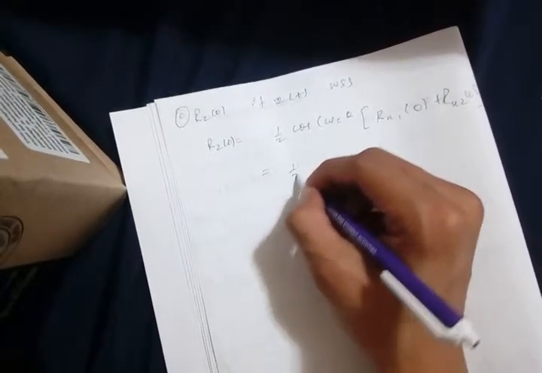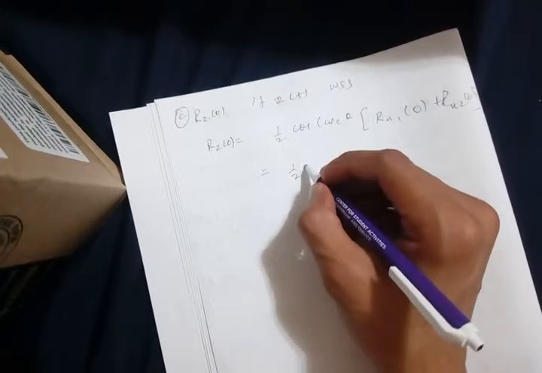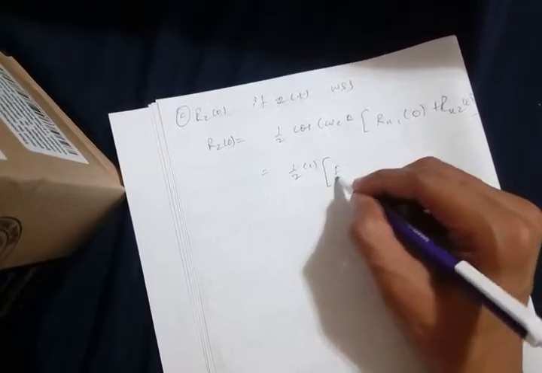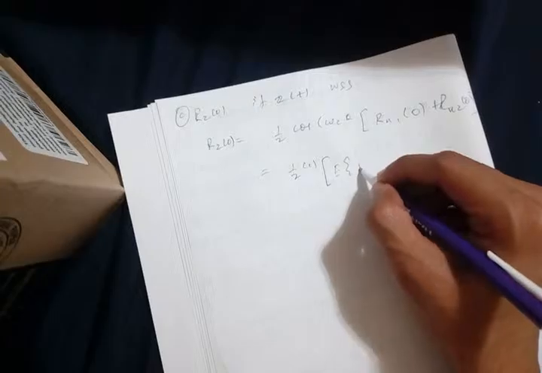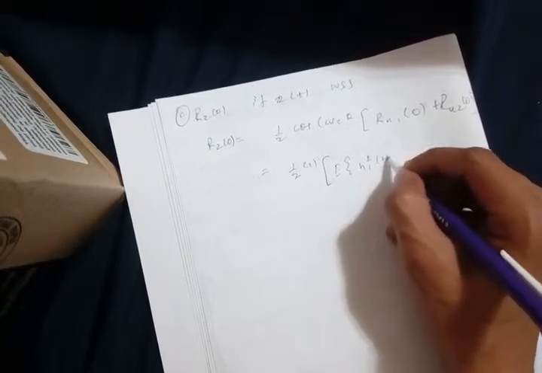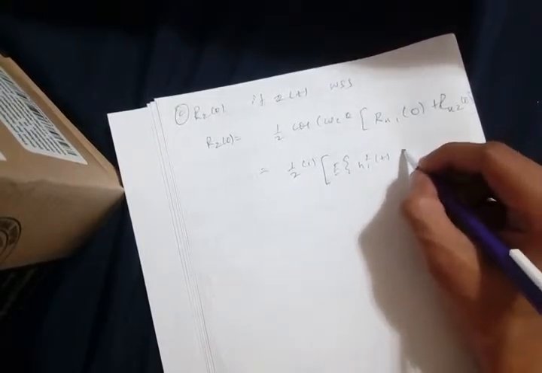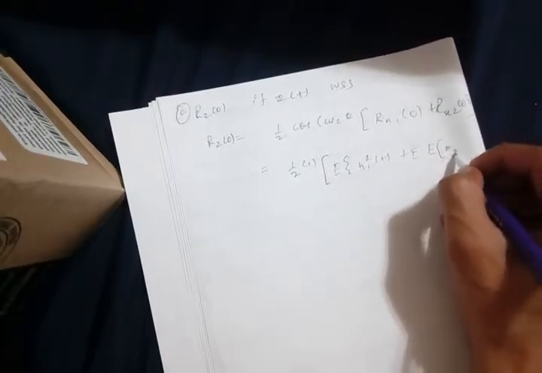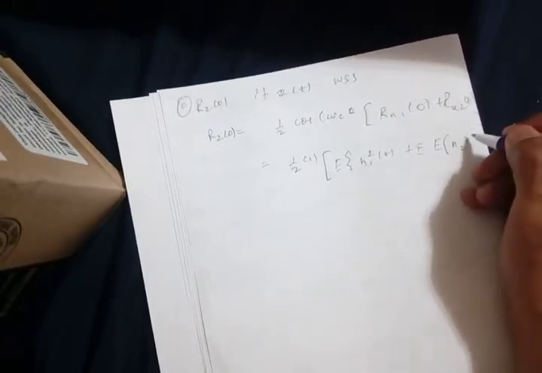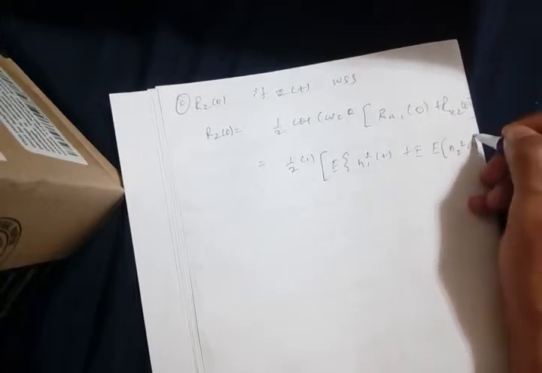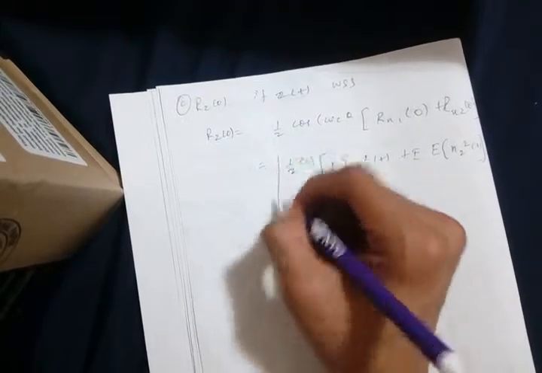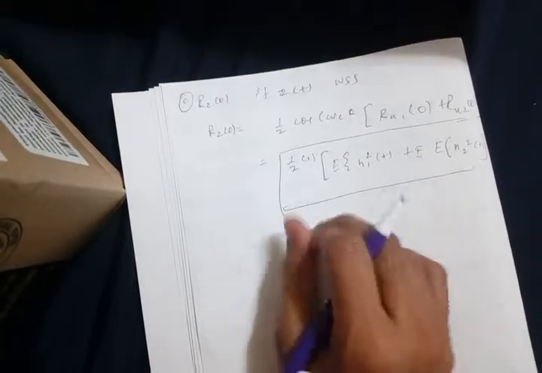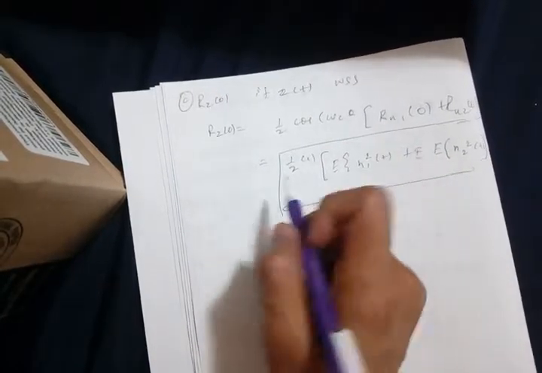So this is nothing but 1/2, and cos 0 is 1. And this is nothing but the expected value of n1 of t squared plus the expected value of n2 of t squared. So this is Rz of 0.